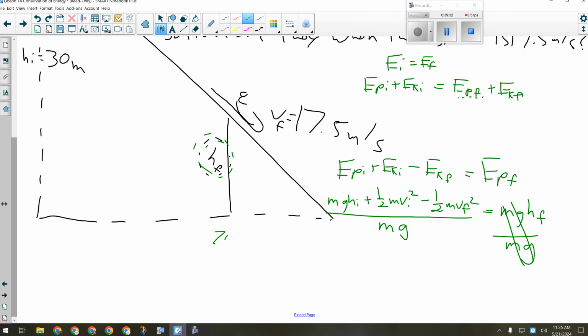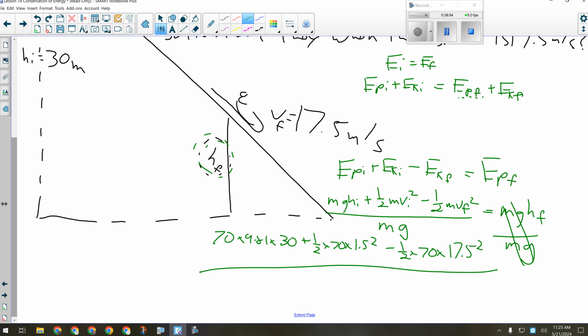So we're going to have 70 times 9.81 times 30 meters, my initial potential, plus 1/2 times 70 kilograms times 1.5 squared, my initial kinetic, minus 1/2 times 70 times 17.5 squared, my final kinetic, all divided by 70 times 9.81. Right, that's going to get me my final height.